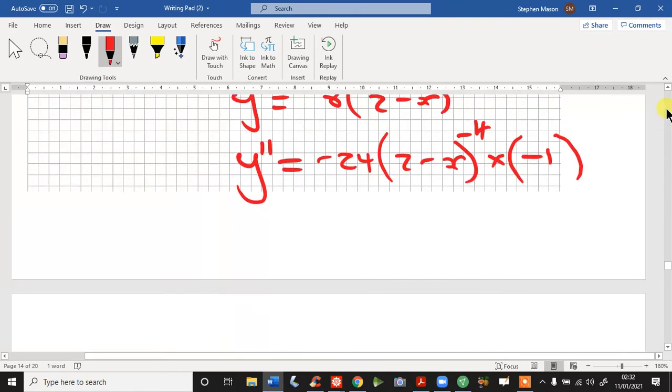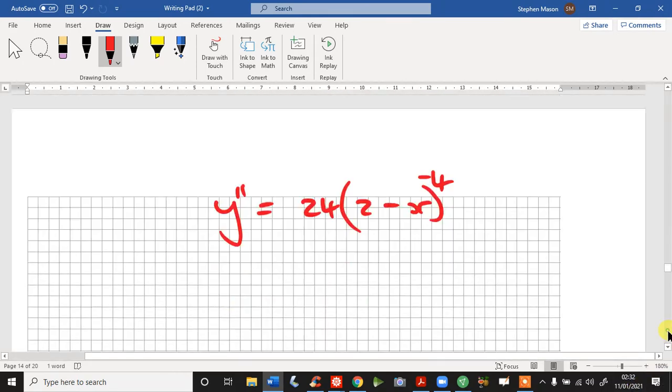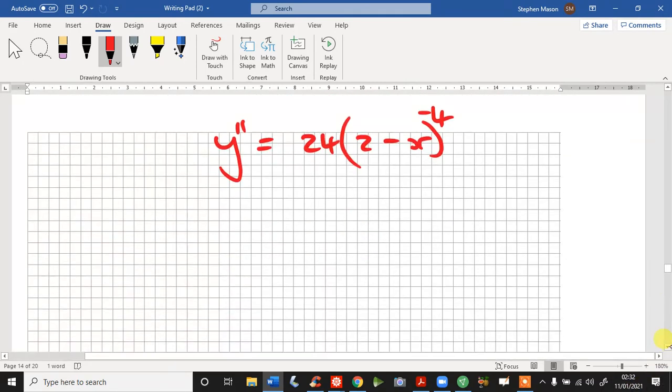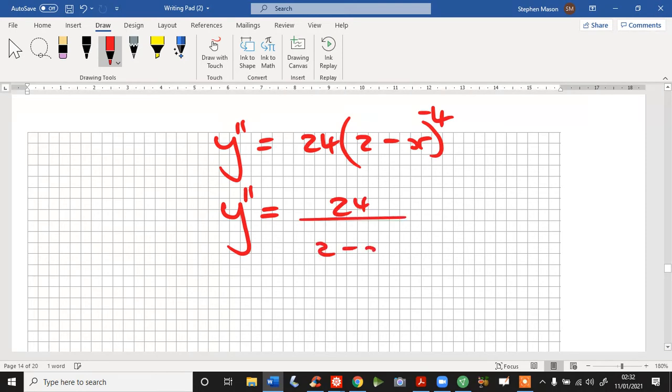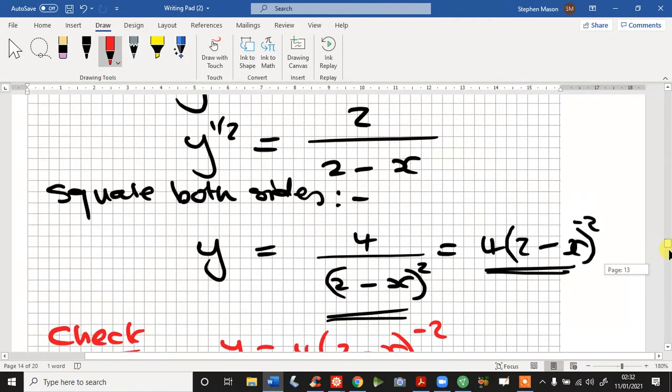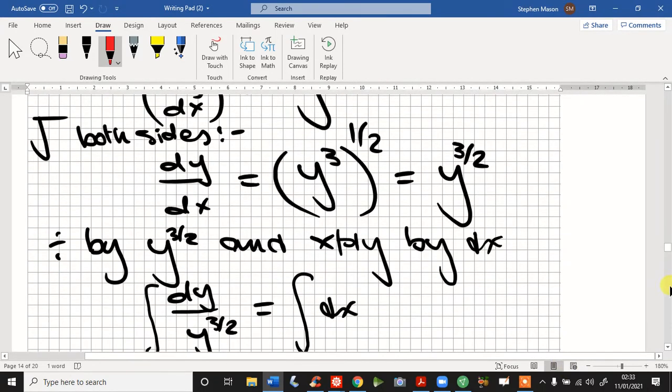Let me double check that that's right. That looks okay. Now I'm going to rewrite this y double prime as 24 over 2 minus x all to the power 4.